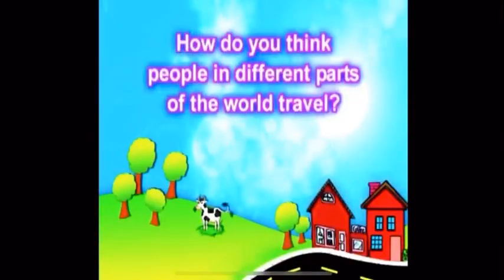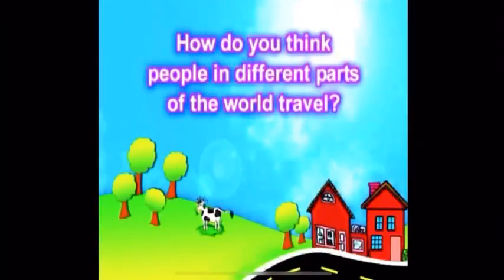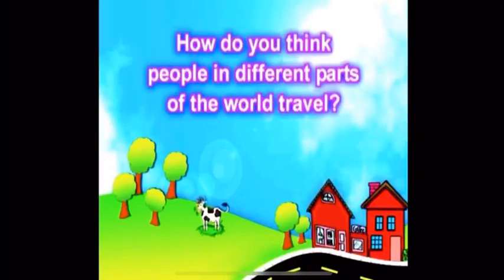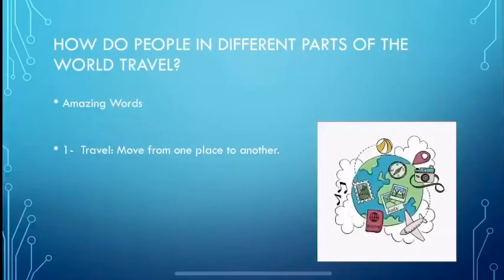How do you think people in different parts of the world travel? Our question for this week is, how do people in different parts of the world travel? Travel is when people move from one place to another. As we saw in the video, people in London, for example, move from one place to another by double-decker bus.